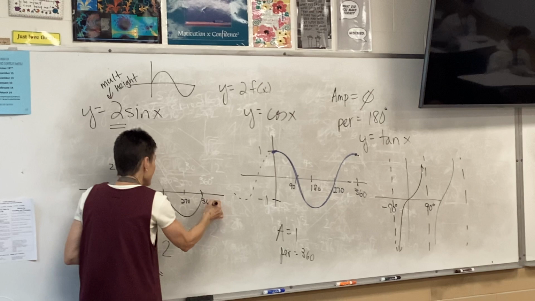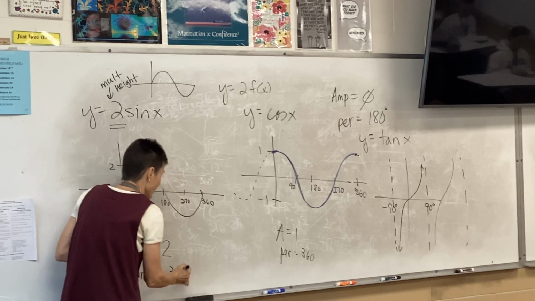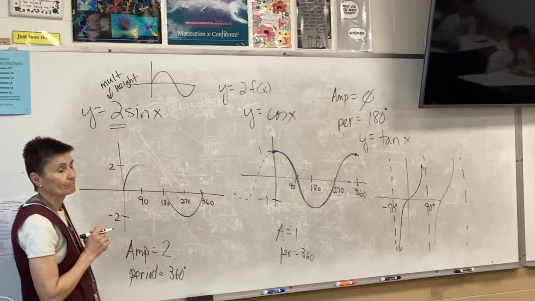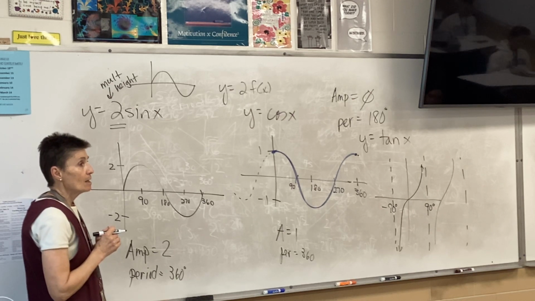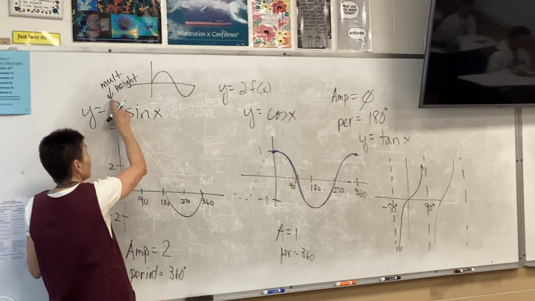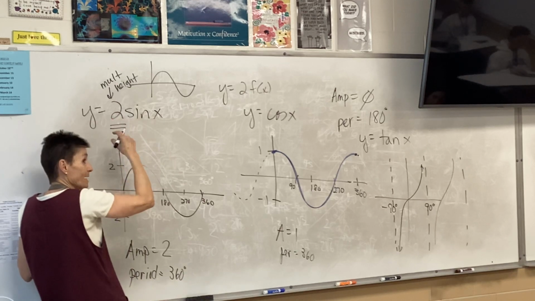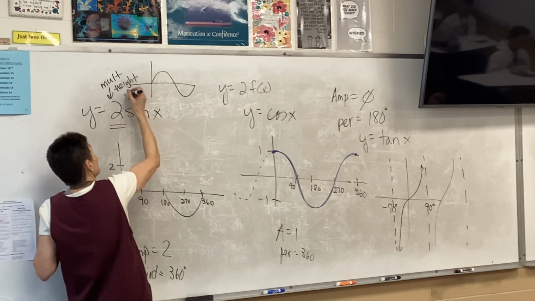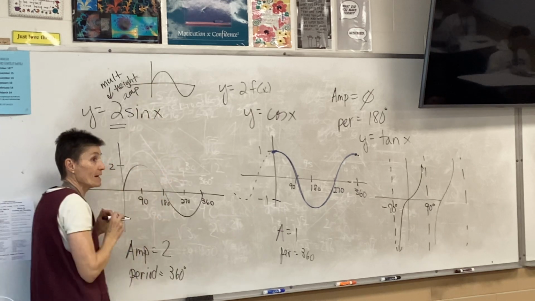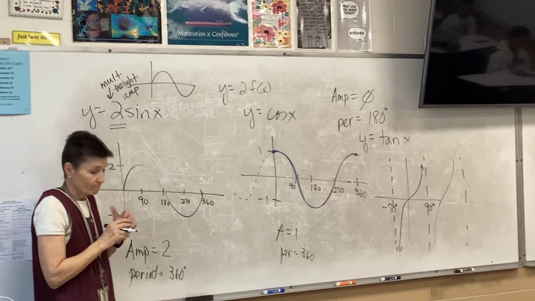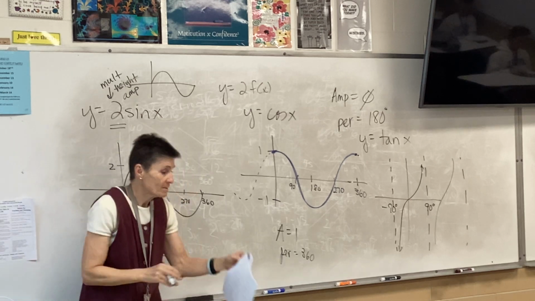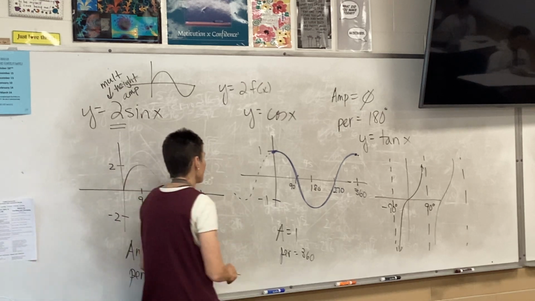And my period is still 360 degrees. Putting a number in front multiplies height, which in Trigville we talk about as amplitude. Perfect. All right, next. Negative 3 cosine.